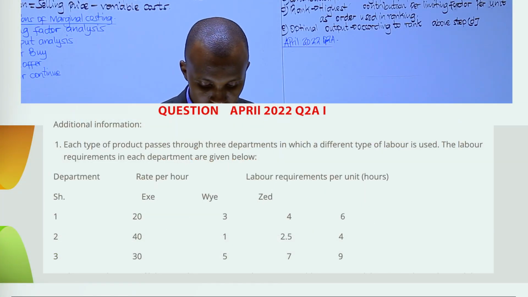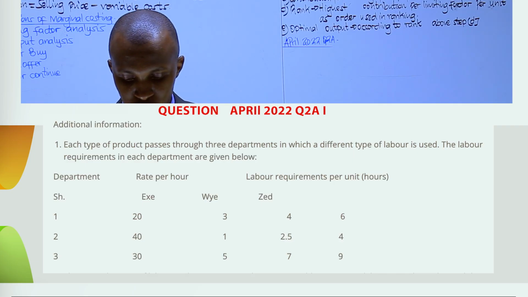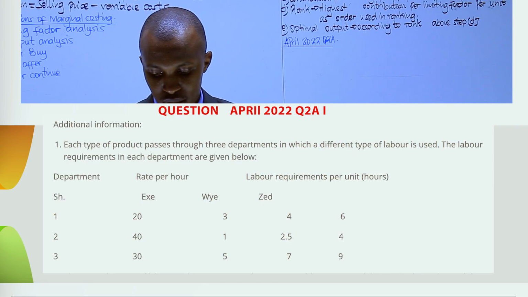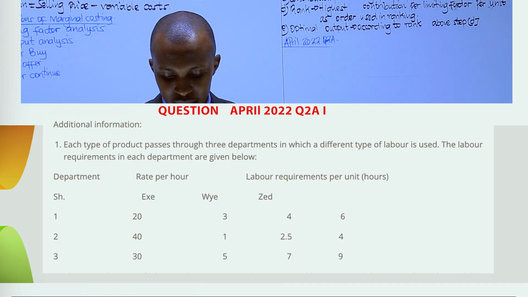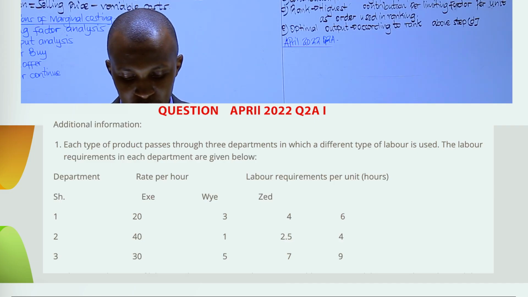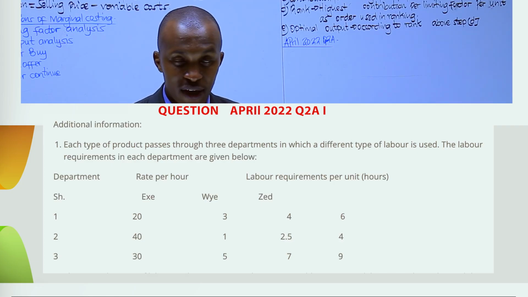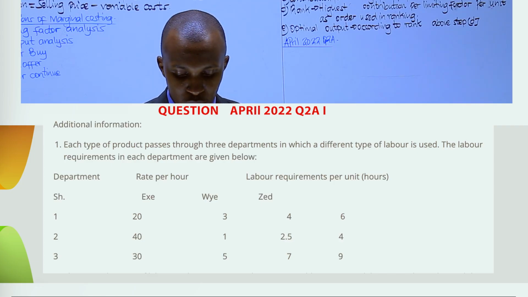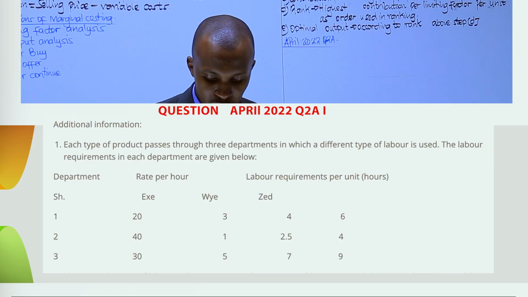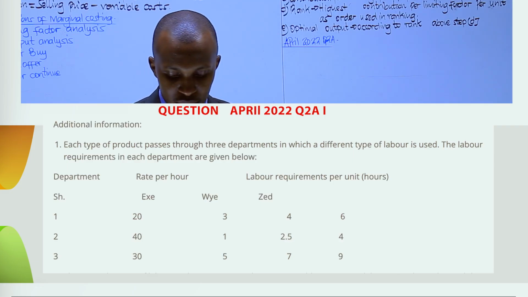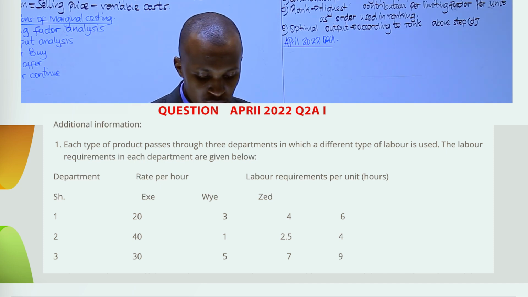Additional information. Each type of product passes through 3 departments in which a different type of labor is used. The labor requirements in each department are given below. Department 1, your rate per hour is 20 shillings per hour, where X requires 3 hours per unit, Y 4 hours per unit, Z 6 hours per unit.